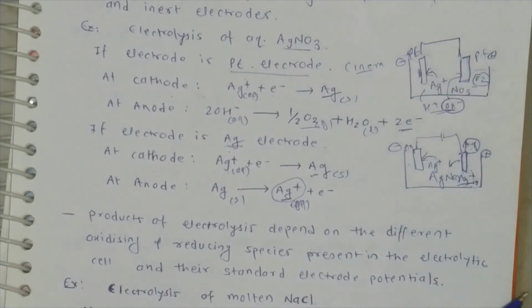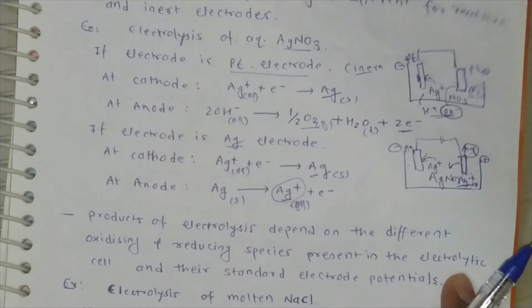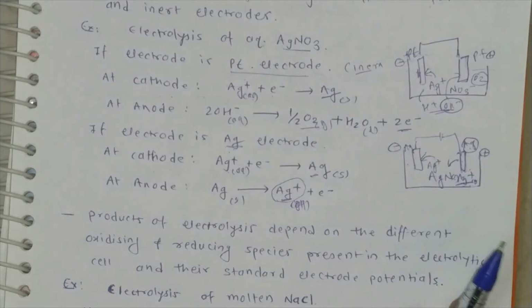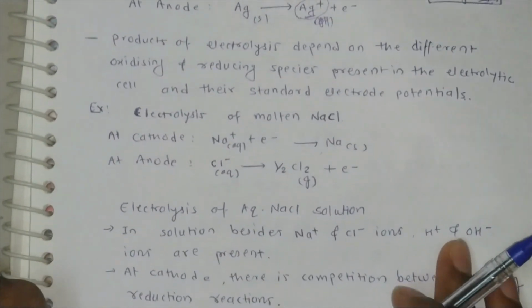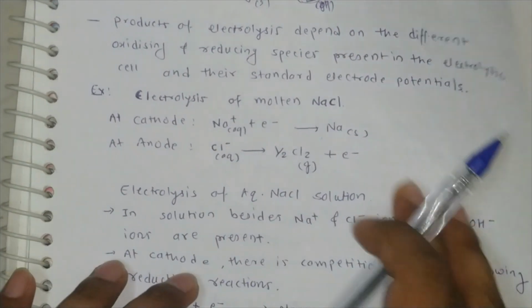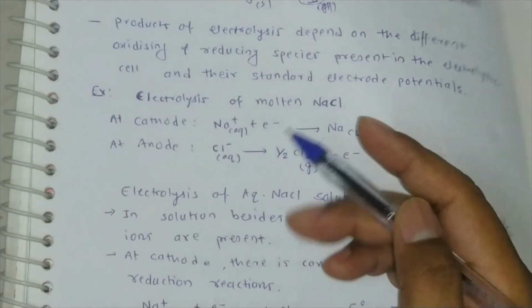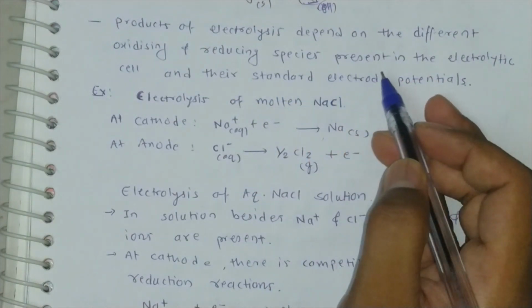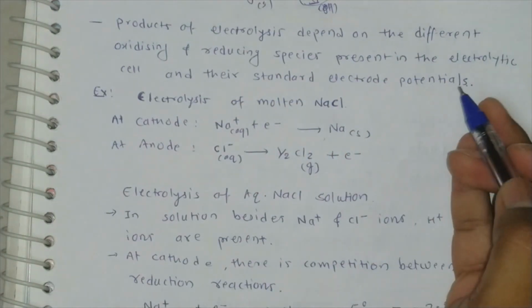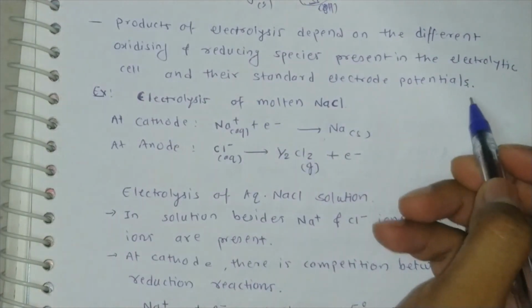Now let's talk about the second factor which affects the product of electrolysis, that is the nature of the material being electrolyzed. Depending on what kind of electrolyte we electrolyze, the products will be different. The products of electrolysis depend on the different oxidizing and reducing species present in the electrolytic cell, and their standard electrode potential.